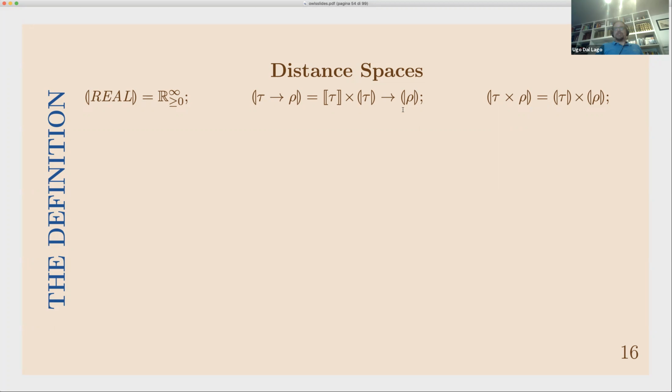So in other words, this is kind of a differential between the two functions, right? And you want to keep the whole of this information with you if you want to be expressive. While when you compare pairs of terms, so terms of type tau times rho, you need to get the distance for tau and the distance for rho.